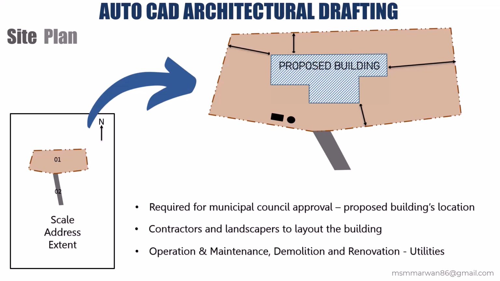Everything is covered. Now after a certain period of time, during maintenance, how do we find the gas line or water line or electrical line? By looking at the site plan, we can easily understand the exact location. Not only during maintenance, it is also very useful during demolition and renovation.